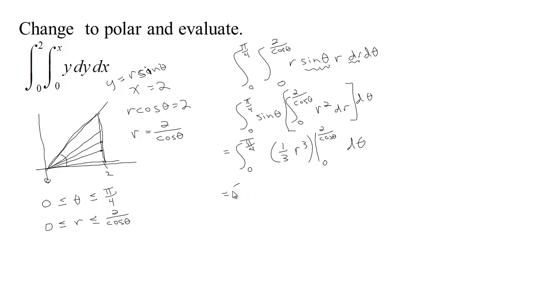When we plug that in, we get the integral from 0 to pi fourths of, let's see, r cubed up here would be 8 over cosine cubed. So that will be 8/3 over cosine cubed theta, minus, when you plug in 0 you get 0. So this is what I need to do. Oh, I lost my sine theta.